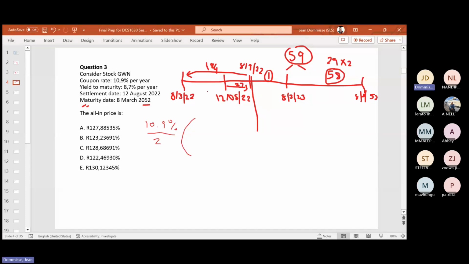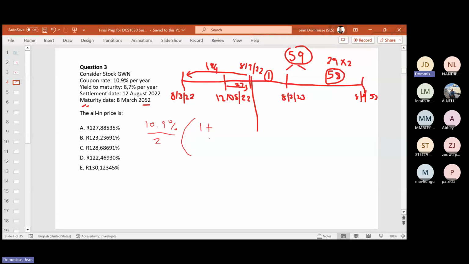Again, in all of them, I'm going to first use the full year period for percentage, just to show where we are dividing by 2 and not, so that we can just get the full picture of that.